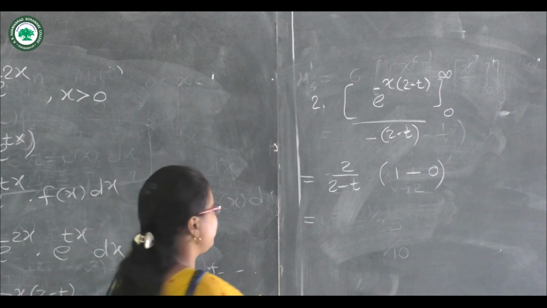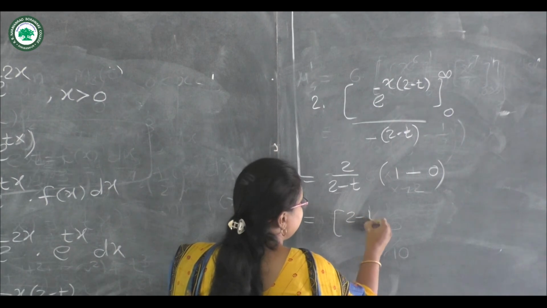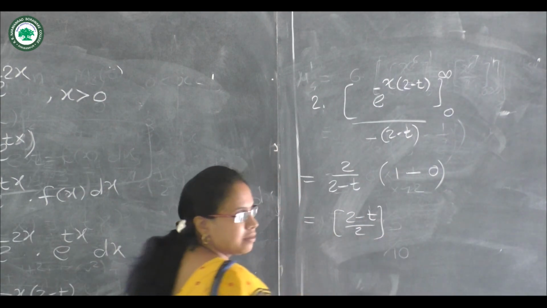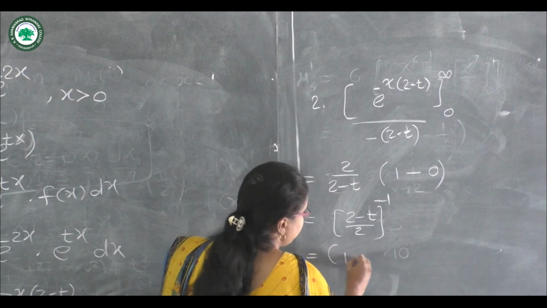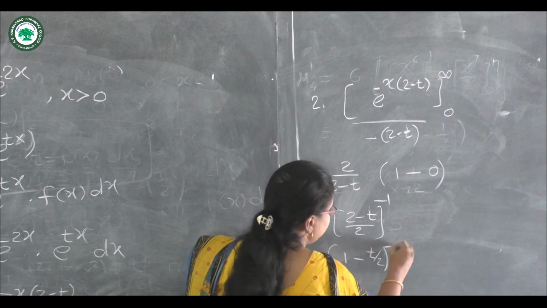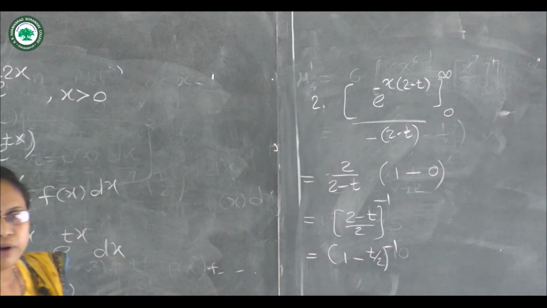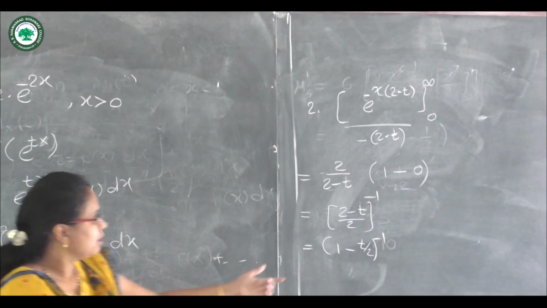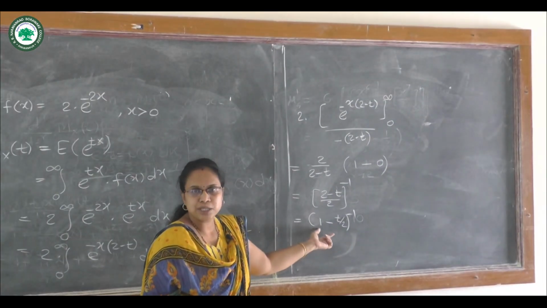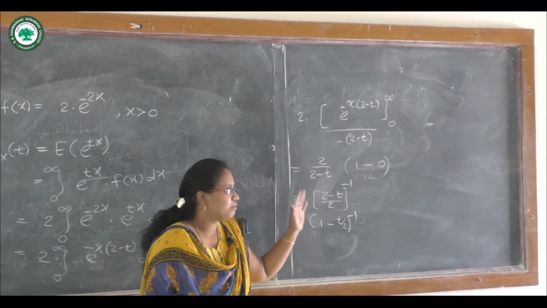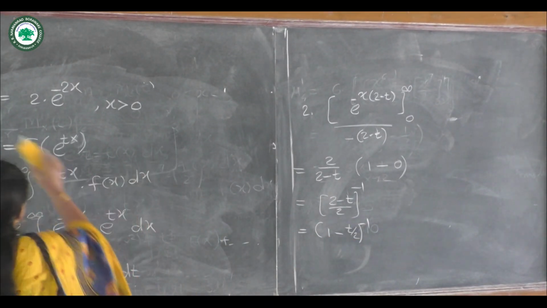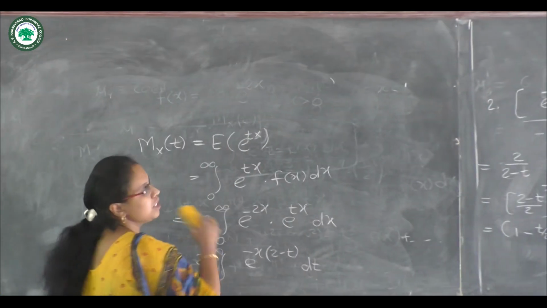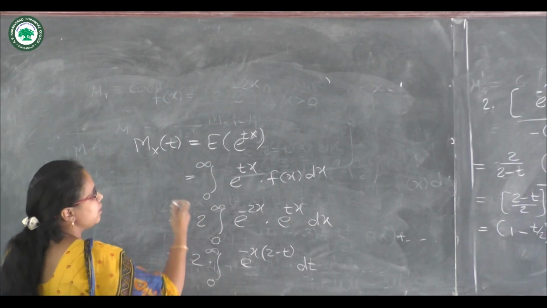But look here, I can write it in this way, with the inverse. So it is 1 minus t upon 2, whole inverse. Why have I taken this? Because I know the expansion of 1 minus x bracket raised to minus 1, so I will use the expansion method for further results.